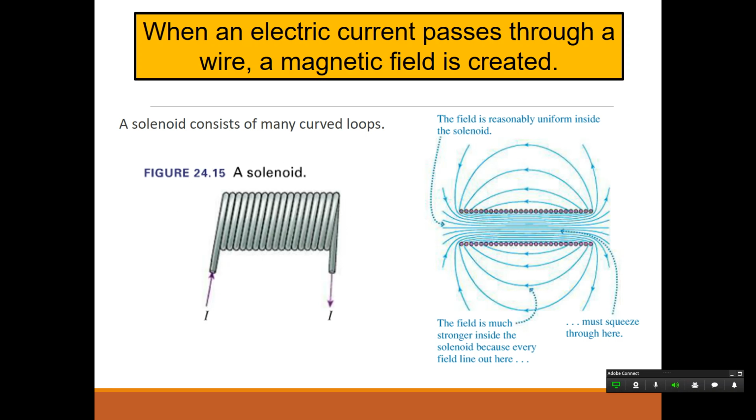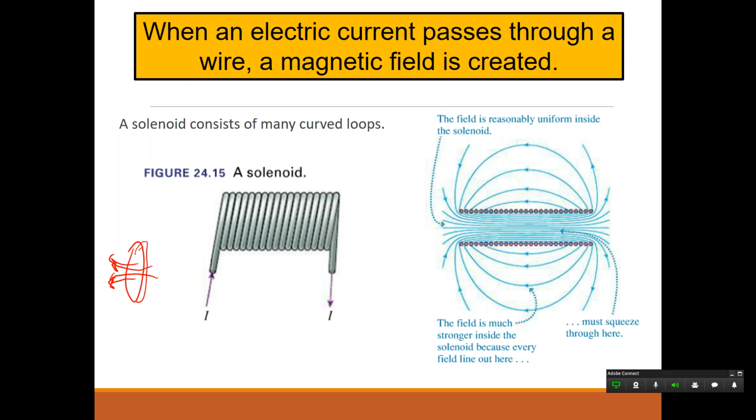If you put another loop next to it, there would be another magnetic field going in that way. Are the magnetic fields coming out of each loop adding up or canceling each other out? They're adding up, exactly.